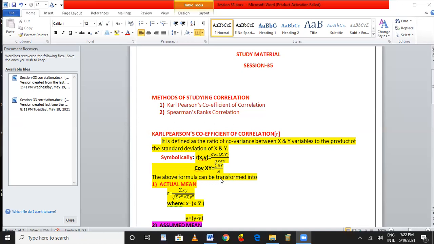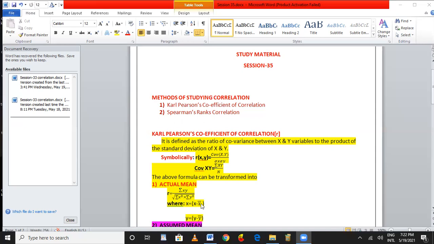The above formula can be transformed by the actual mean method. R is equal to sigma xy divided by the square root of sigma x square into sigma y square. Here, small x is x minus x bar. X bar means the arithmetic mean of the x series.